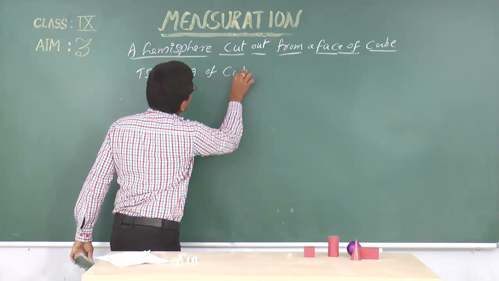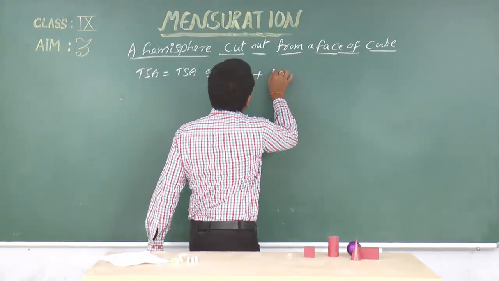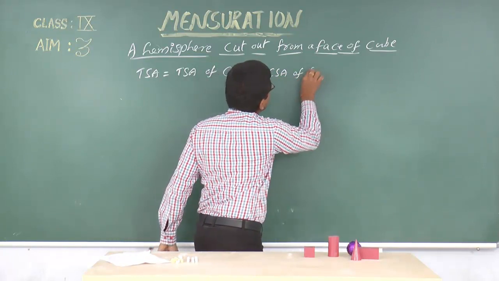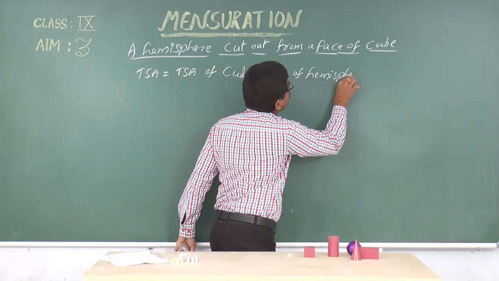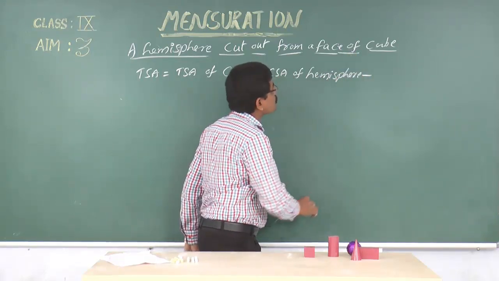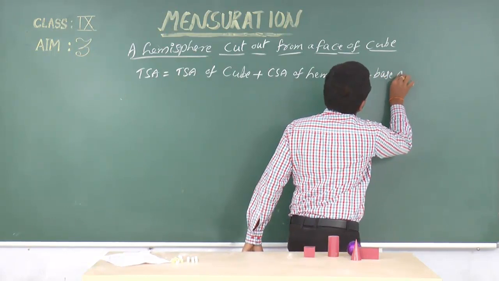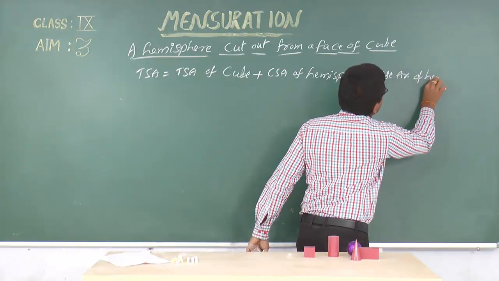So total surface area is equal to TSA of cube plus CSA of hemisphere minus base area of hemisphere.